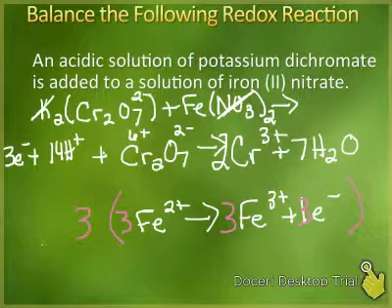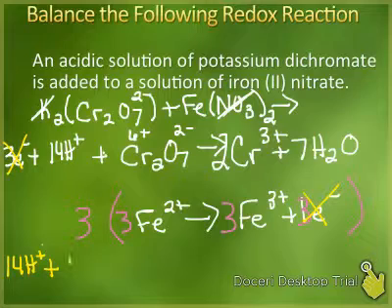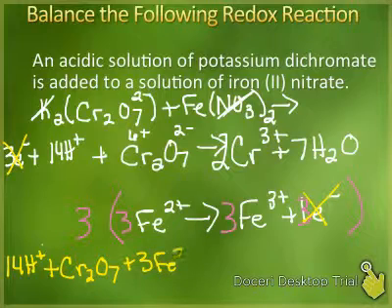Cross things out and write your final equation. So these 3 electrons cancel out these 3 electrons because they're on opposite sides, right? Does anything else cancel out? Nope. So then I write we're going to have 14 hydrogens plus dichromate plus 3 irons, 2 plus.